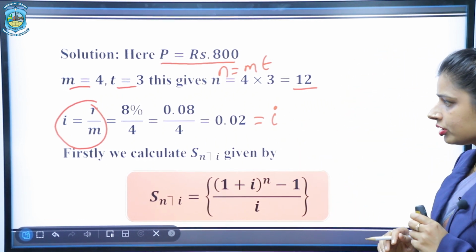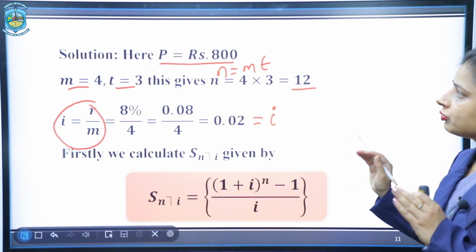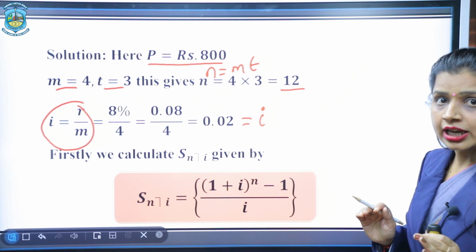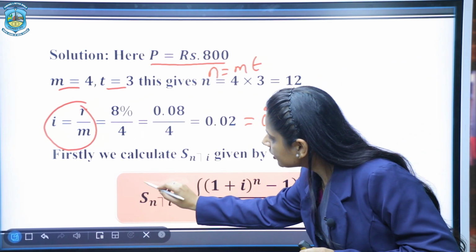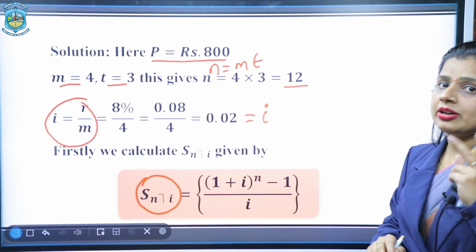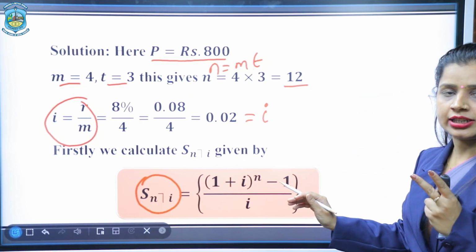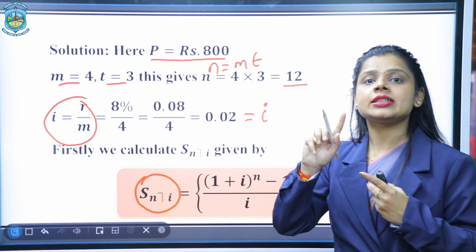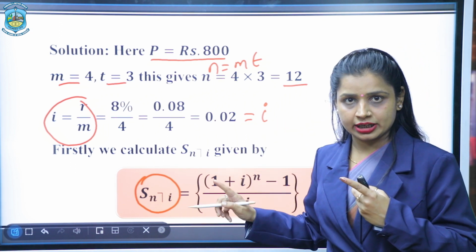Now, we may use the formula to find the amount of an annuity, but before that we have to find the quantity s angle n at i. We have two techniques to find it: one is a mathematical technique and the other is the table for the amount of an annuity.